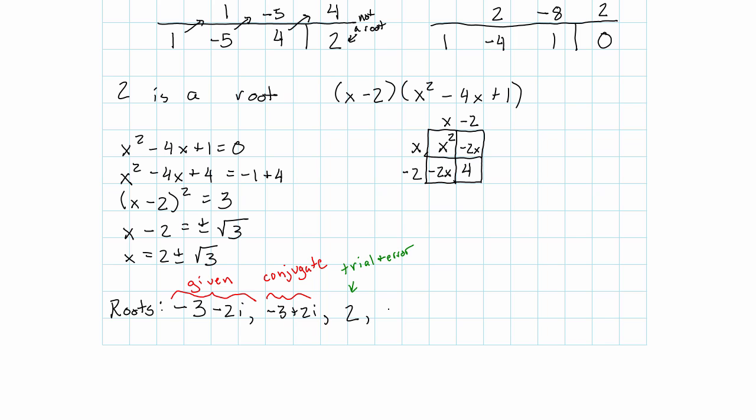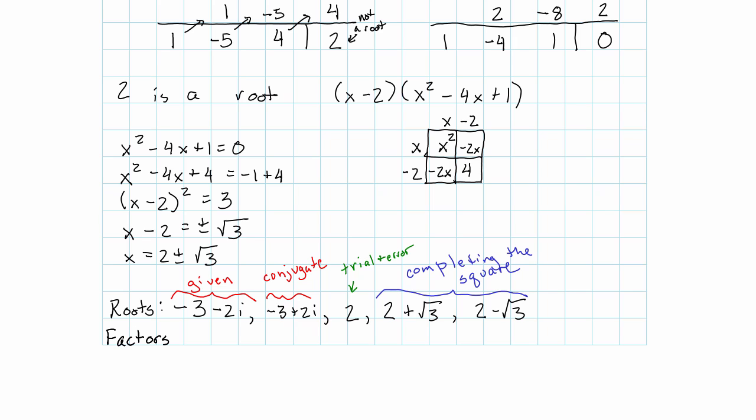And then we found our last 2, 2 plus root 3 and 2 minus root 3, by completing the square. And notice, these are both positive, right? Square root of 3, that's less than the square root of 4, so that's less than 2. 2 minus something less than 2 is still positive. So those are all of our roots.